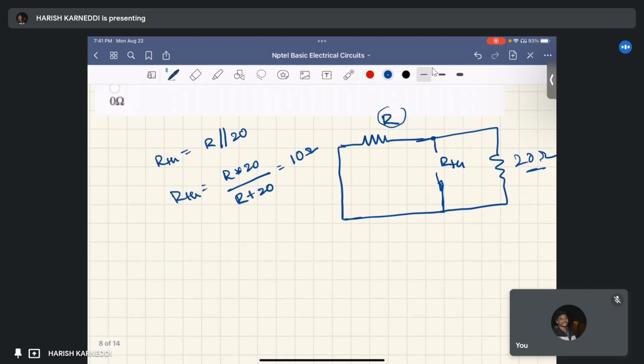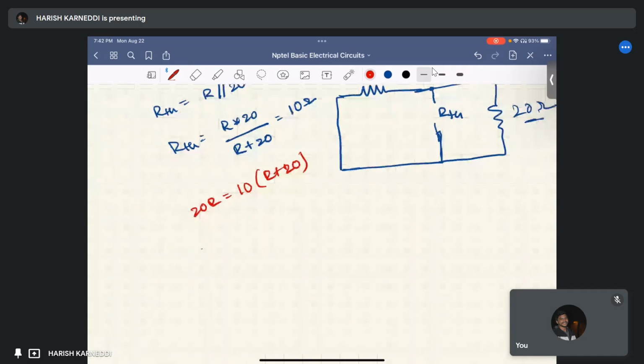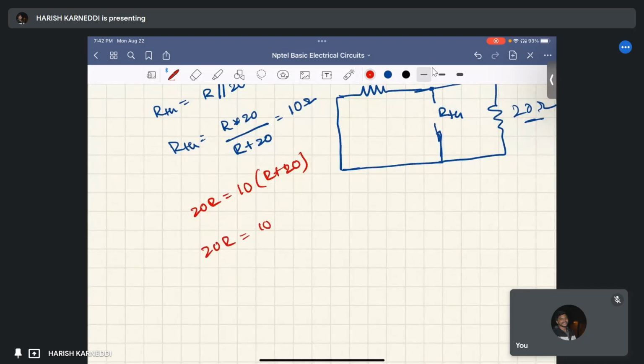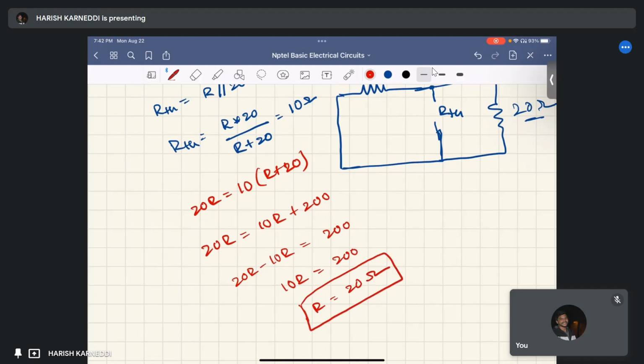Okay. Now you can simplify this: 20 R equals 10 into R plus 20, that equals 200, right? 20 R minus 10 R equals 200, so 10 R equals 200 and R equals 20 ohm, right?